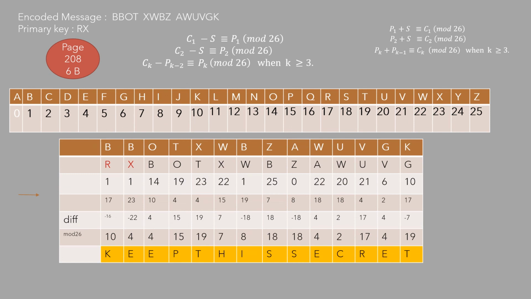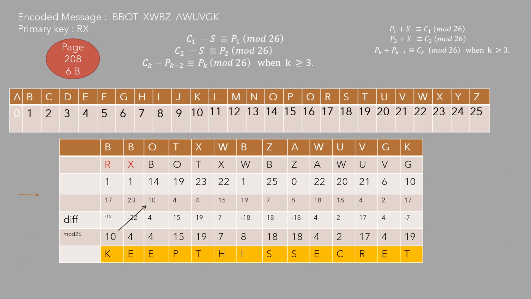Using the encoded message again, the same way, I have two letters R and X. For R and X, I know the numbers are 17 and 23. So 1 minus 17 is negative 16, which is 10. 1 minus 23 is negative 22, which is 4. So I have these two numbers, 10 and 4, for P1 and P2. So K, E are the two letters.